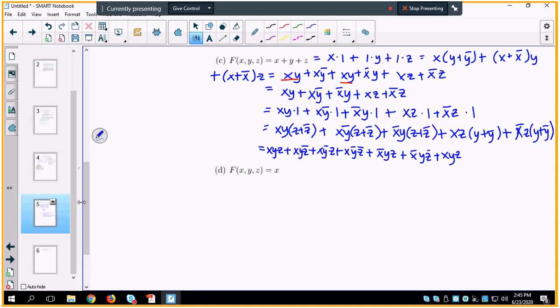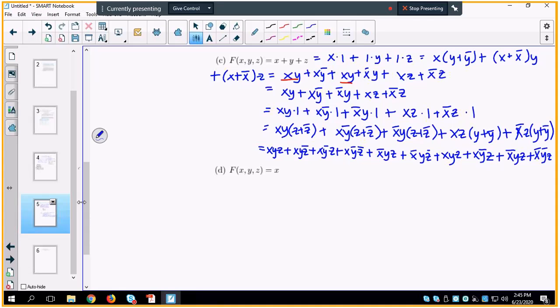And xzy bar, I'm going to write as xy bar z. I have x bar zy, so that will be x bar yz plus x bar y bar z.